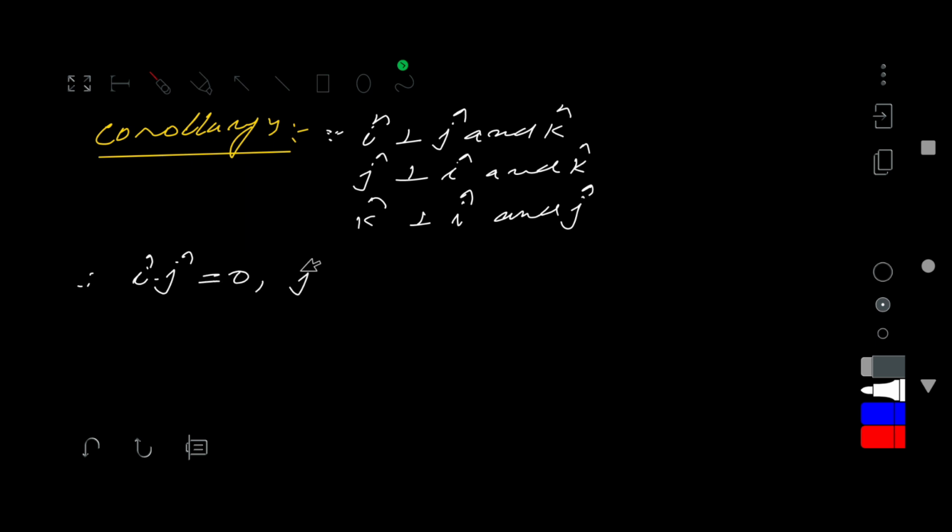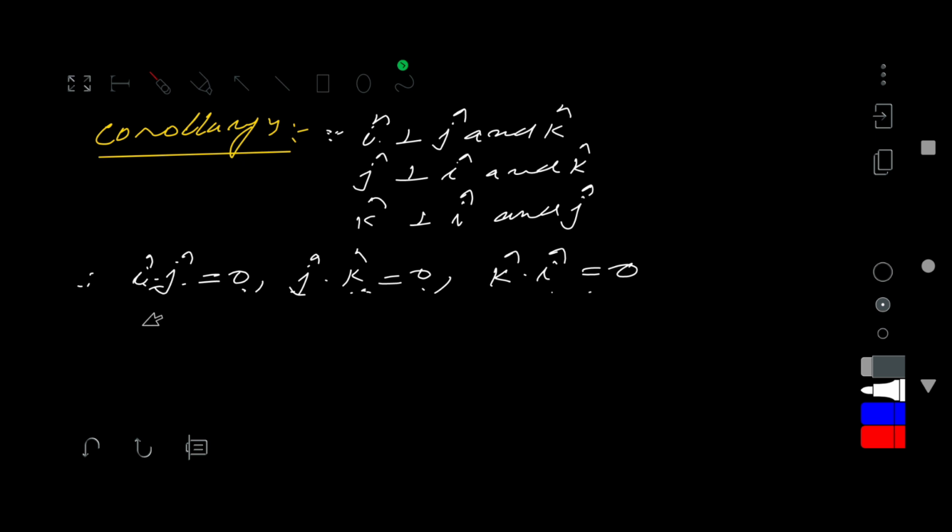Similarly, J cap dot K cap is equal to 0, and K cap dot I cap is also equal to 0. Since dot product of two perpendicular vectors is always equal to 0, so I cap dot J cap is equal to 0 because I cap and J cap both are perpendicular to each other. Similarly, J cap dot K cap is equal to 0 because these two are also perpendicular to each other, and in the same way K cap dot I cap is also equal to 0.